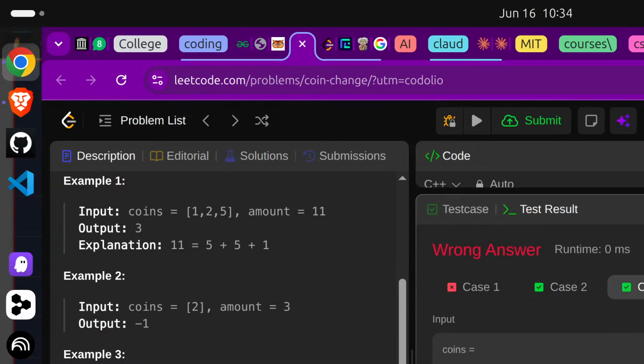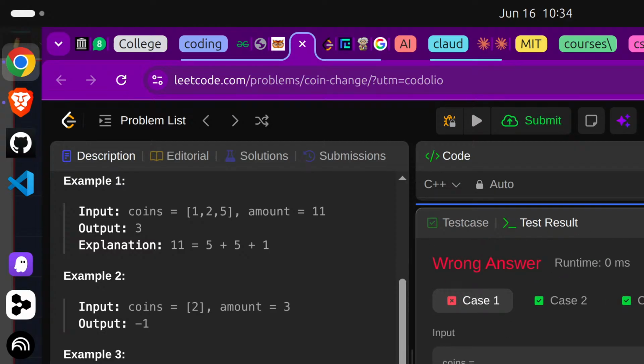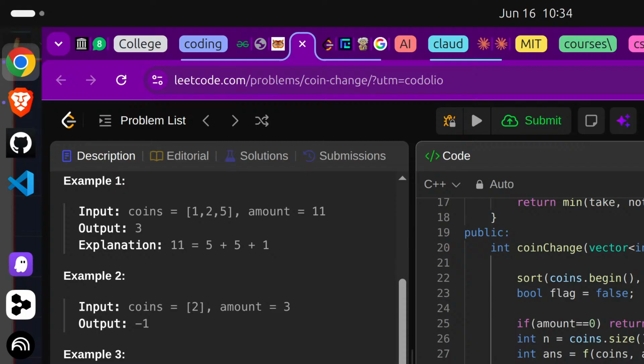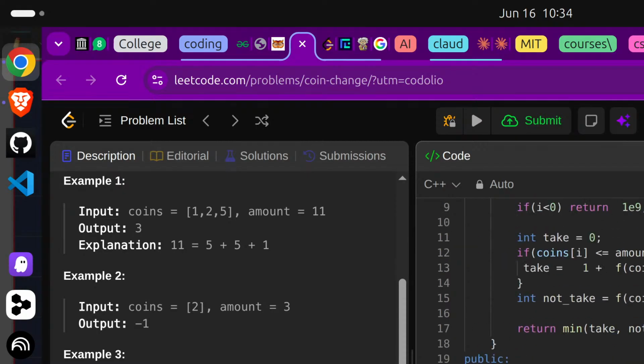Okay, so these cases are being handled well, but this case is not being handled. Amount is right. Okay. Is this about the I minus 1 thing?